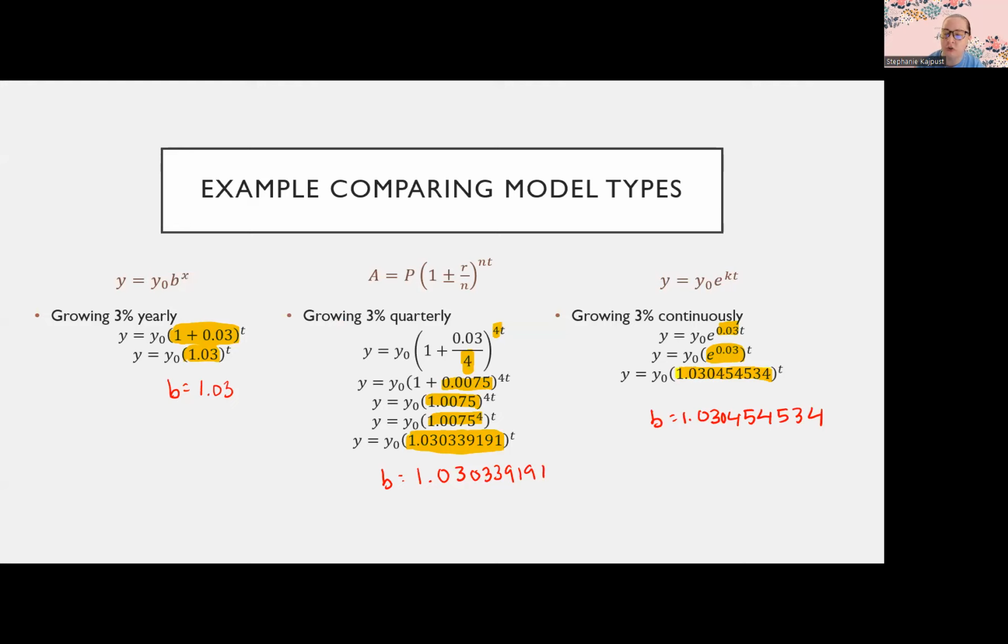You just have to switch your a to y. And then you're basically using the same thing. So that would be like y equals y naught times 1 plus or minus r over n to the nt. So it's just a slight change from a and p to y and y naught. So if you're just told to use different variables, there are just different names for them.